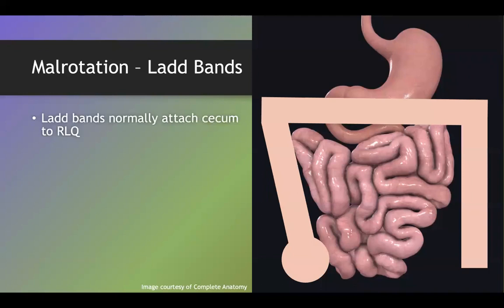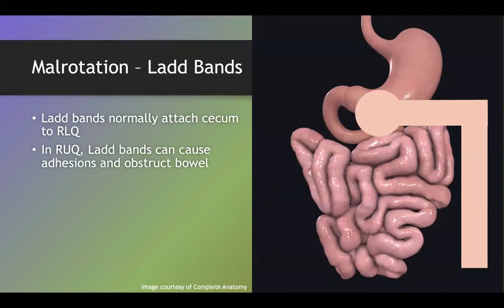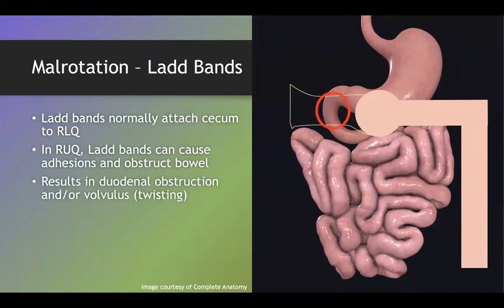So, if this is our normal colon, Ladd bands can attach to the right lower quadrant and everything's good. The problem is that if you have malrotation, your cecum might be in the right upper quadrant here. And so a Ladd band attaching to it could actually cause an obstruction, especially in this duodenum right here. It can cause an obstruction or a twisting, or volvulus in that region.